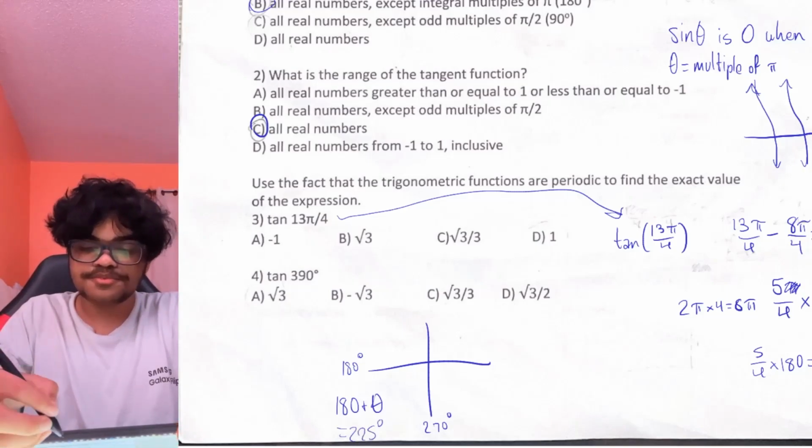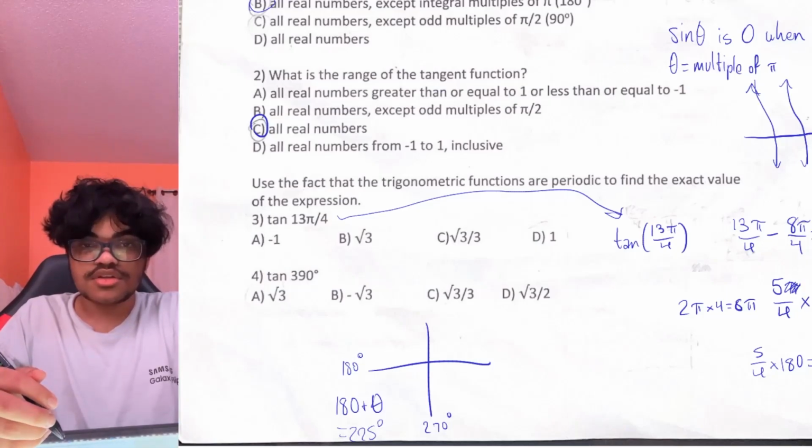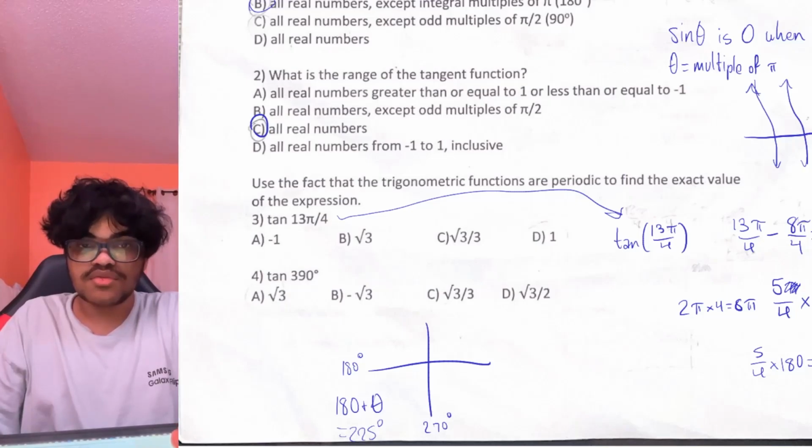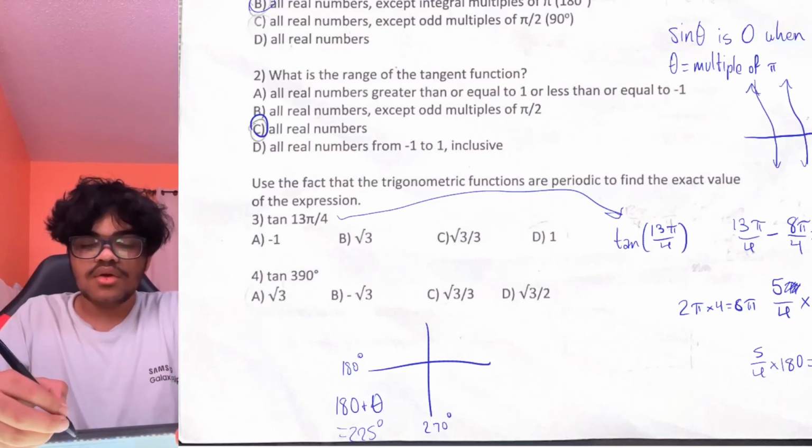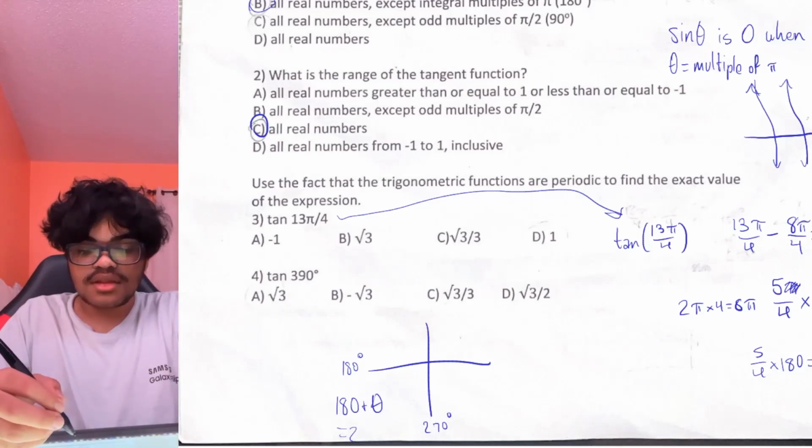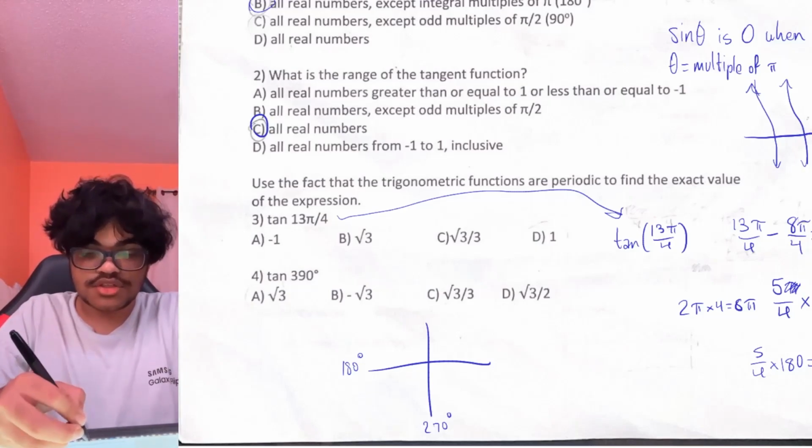Let me re-explain. If we are in the third quadrant, the reference angle plus 180 gives us the angle that we want to get the reference angle of. Or we could rewrite this as the reference angle will be whatever angle we have, which is 225, minus 180.